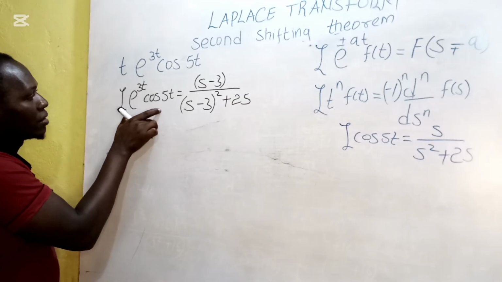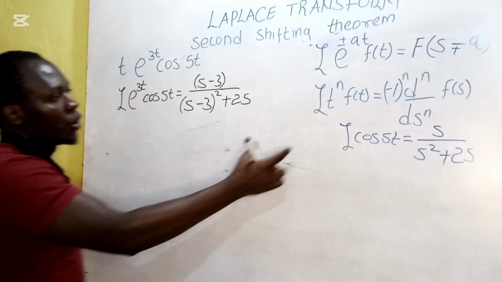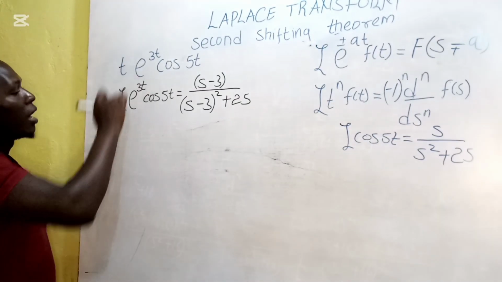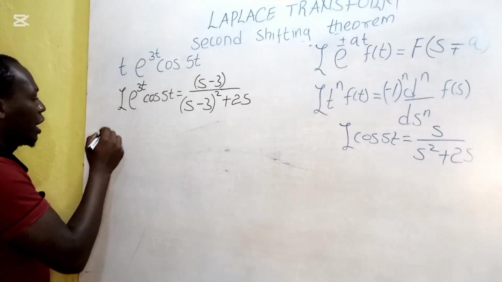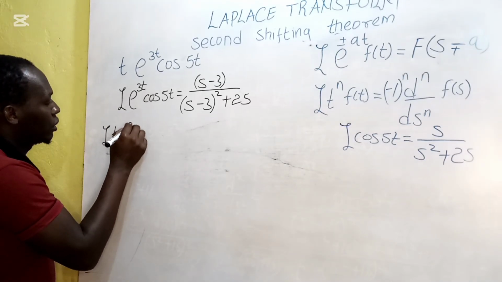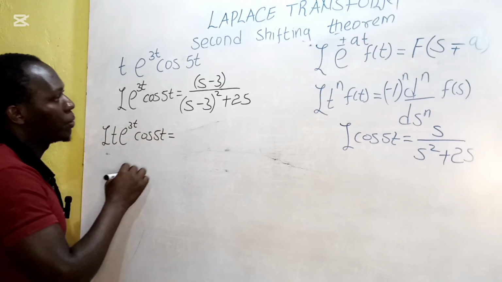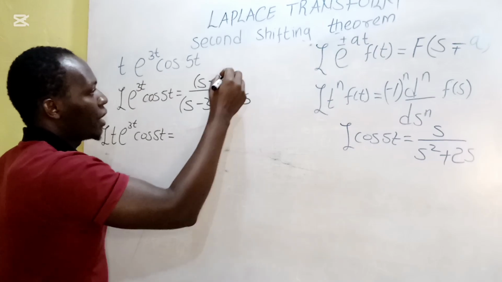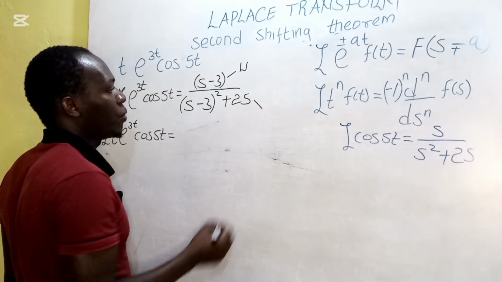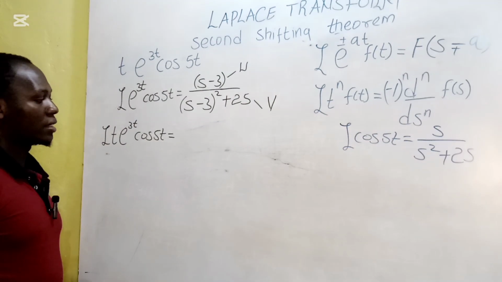After finding the Laplace transform of our function here using the first shift theorem, is when we now get to our second shift theorem, because it is our term of t. And now we are going to have the Laplace transform of t exponential 3t cos 5t is going to be equal to, here now we are going to take this term as our u, and whatever we are having on the denominator, we are going to have it as our v.